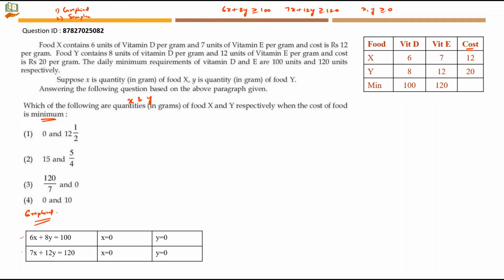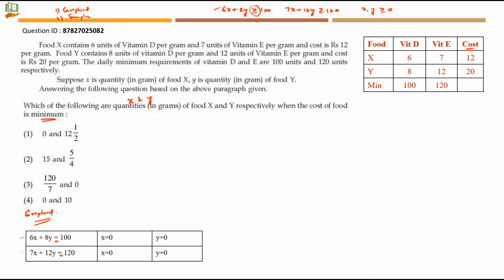So let's take the first equation, 6x plus 8y is equal to 100. How did this inequality change to equality is, basically we will convert this into an equation and then only apply 0. See, if I apply 0 in x directly here, it is 0 plus 8y greater than or equal to 100. From this I will not be able to calculate a value for y. So this is the usual method we follow.